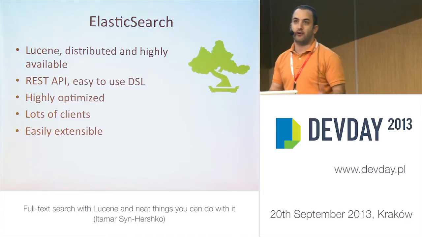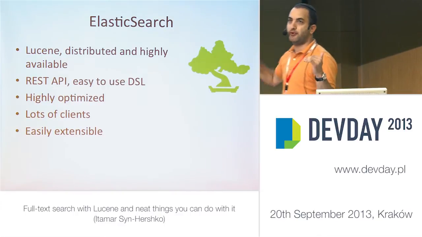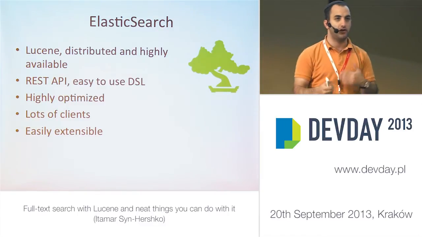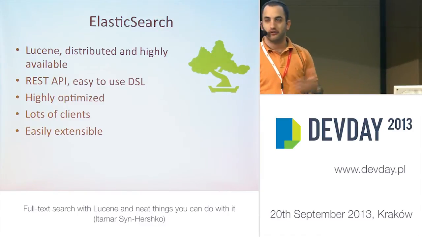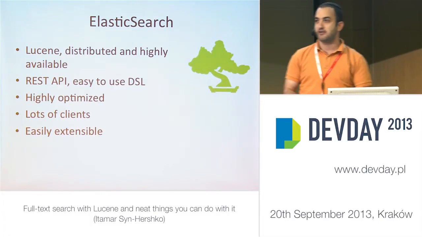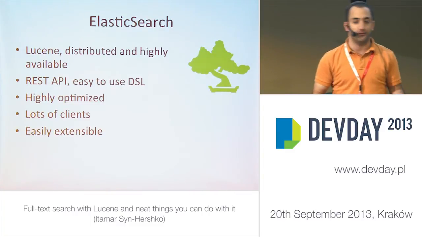You don't have to do anything. You basically bring one ElasticSearch node up, and then you bring more nodes up, and they just talk to each other and recognize each other. They select their own master, etc. All the distribution work that is, as some of you may know, very difficult to do right, is already done for you.